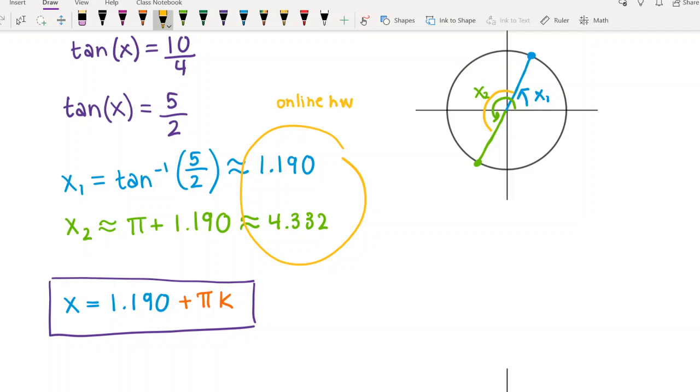But if you're just trying to summarize all the solutions in the most concise way possible, then you would write what is circled down here. So maybe let me just add a note here: online homework, and then I'll say this is all solutions from 0 to 2 pi.